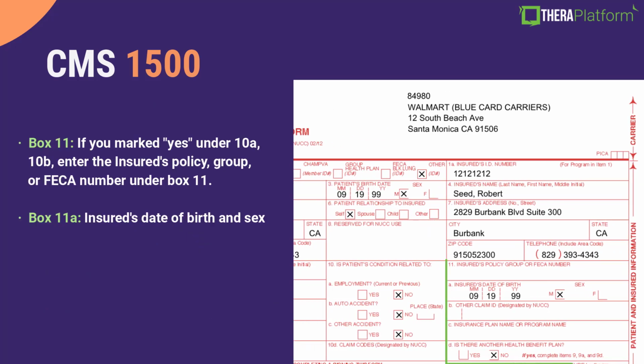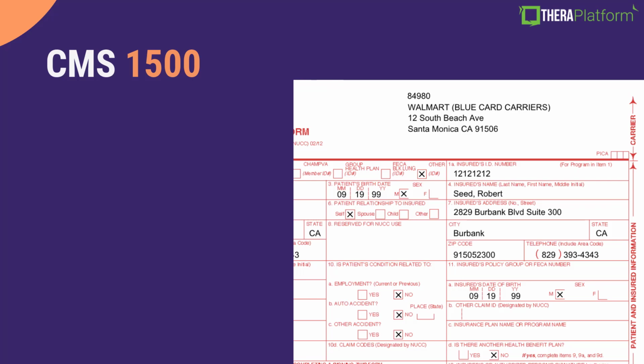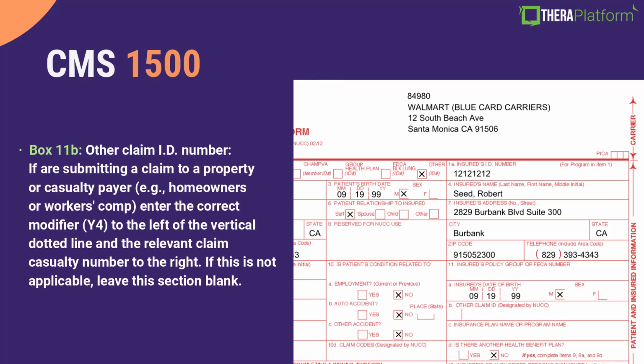Box 11, again, if you marked yes under 10A or 10B, you would enter the insured's policy group or FECA number under 11. Box 11A is where you enter insured's date of birth and sex. Box 11B is the other claim ID number.